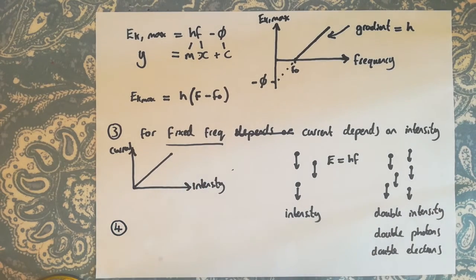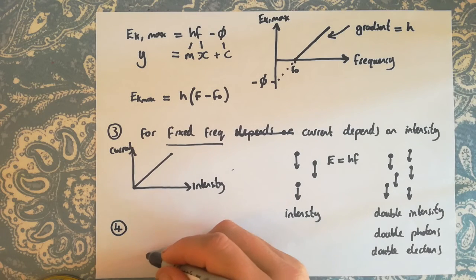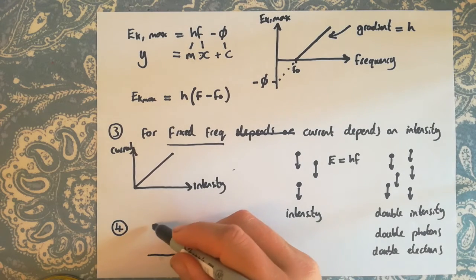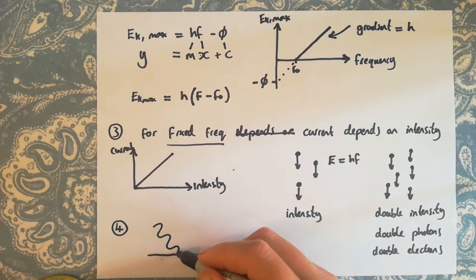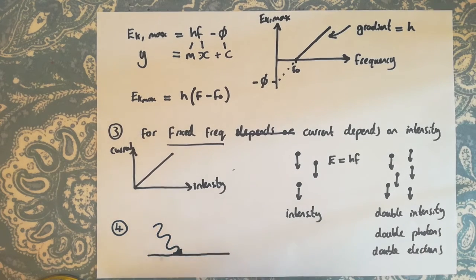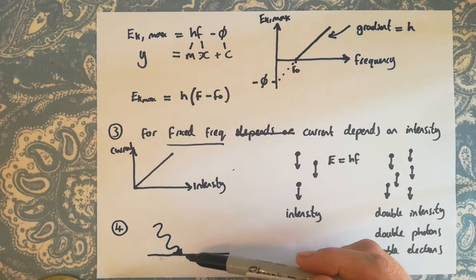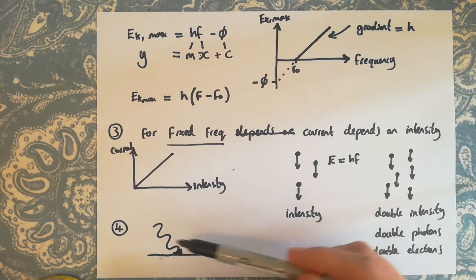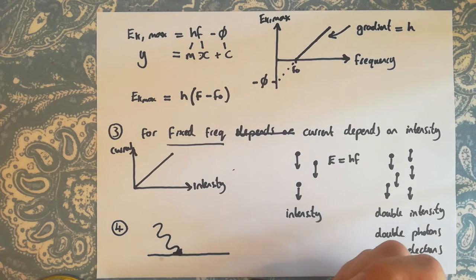Finally, the fourth observation was that the emission is immediate. If we think about a light wave coming onto our metal surface, that wave is delivering a certain amount of energy per second to the area that it's shining on.